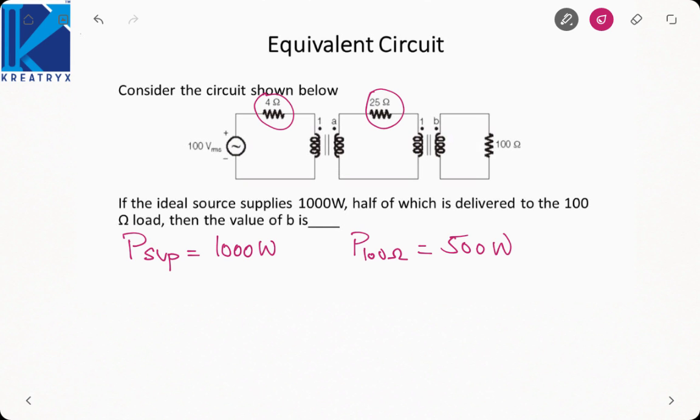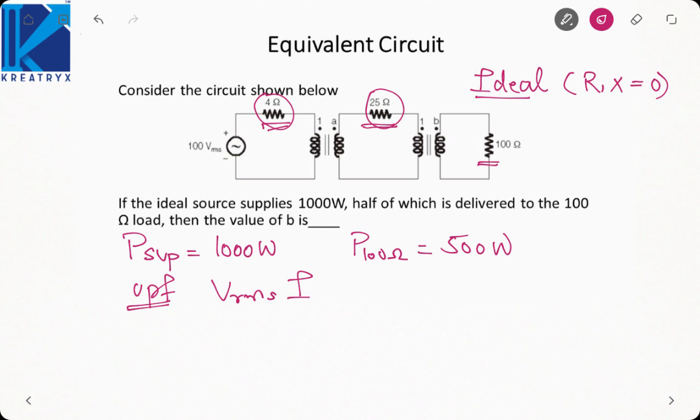Now one thing, if you see here, these transformers are ideal, which means their resistance and reactances are 0. Now in the entire circuit only resistances are used, which means this circuit has unity power factor, so the power input will be Vrms Irms, as cos phi will be 1. It is given to us as 1000.